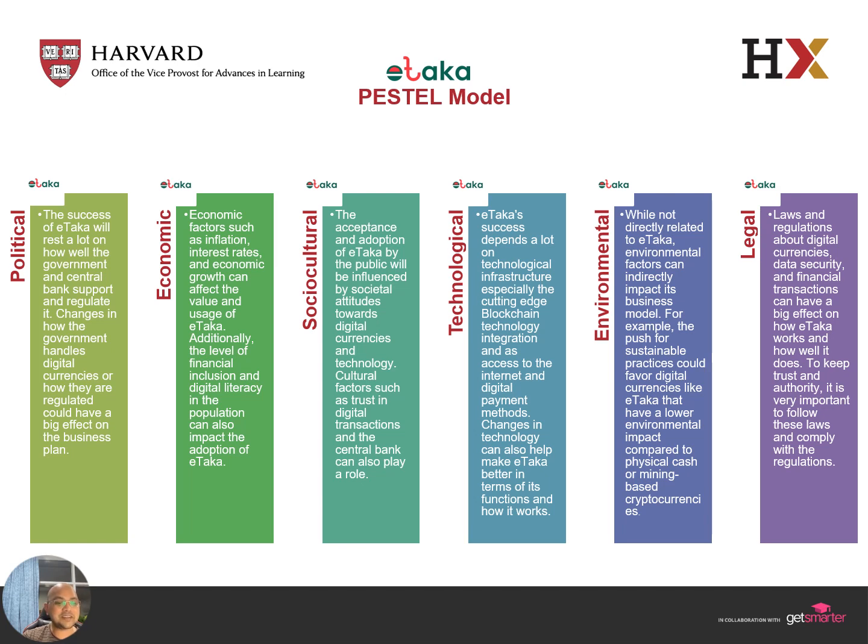Like the electric vehicle is environmental friendly, the electric currency must also be environmental friendly according to the PESTEL model. The legal is law and regulation, of course. Ithaca always maintains the regulation and the guidelines of the regulators.